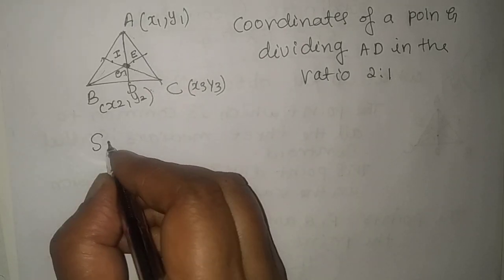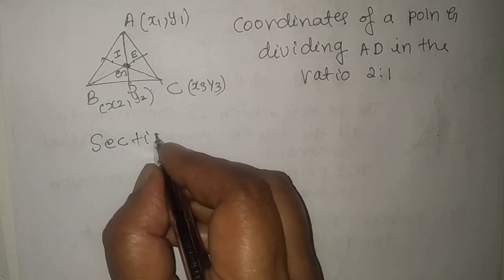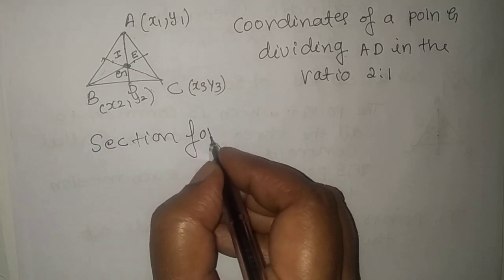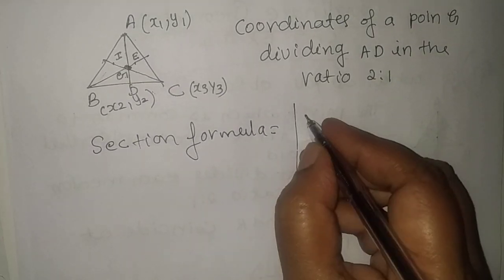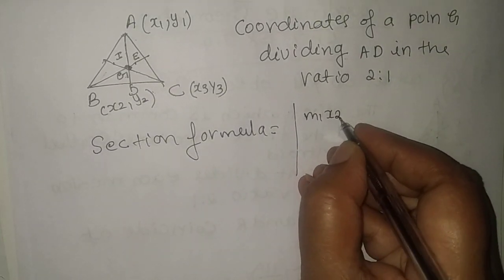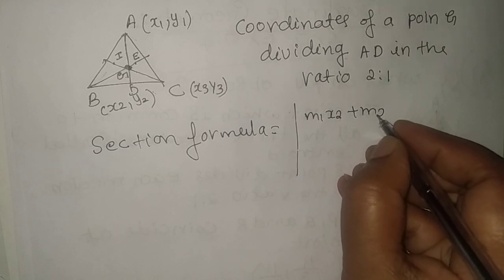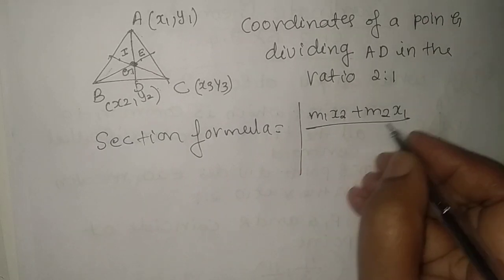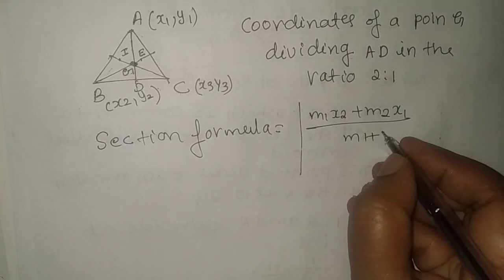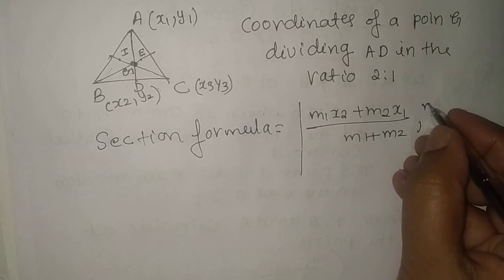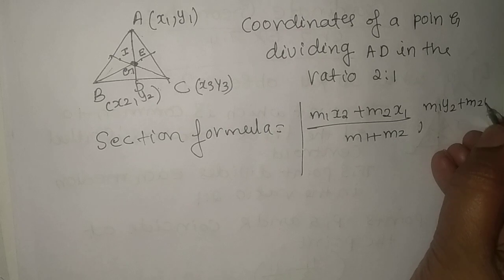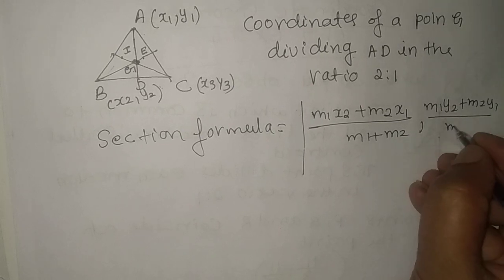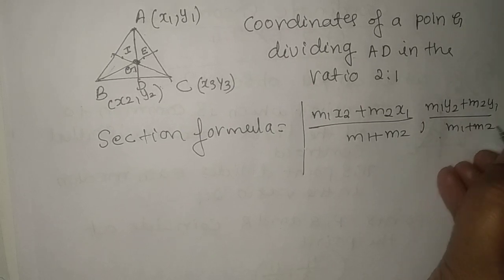Now use the section formula: (m1x2 plus m2x1) divided by (m1 plus m2), and (m1y2 plus m2y1) divided by (m1 plus m2).